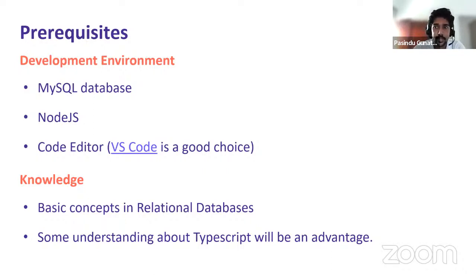I'm recommending VS Code because there is an extension called Prisma for when you are working with the Prisma schema. That's going to be helpful for autotyping and IntelliSense. And from the knowledge side, you will need some basic concepts of relational databases, and some understanding of TypeScript will be an added advantage.